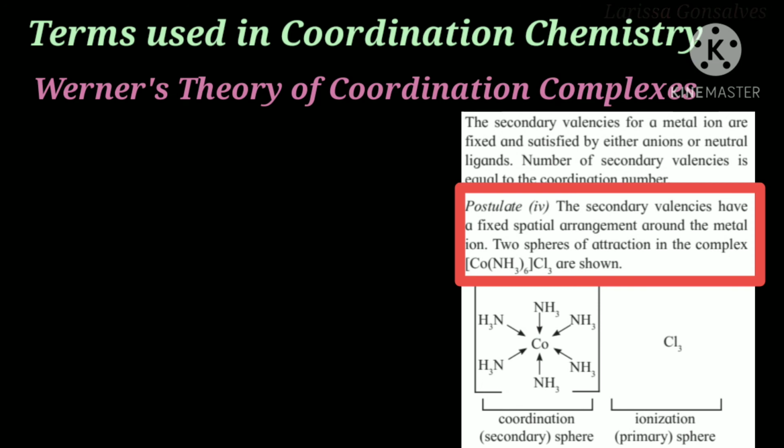Then you have the ligands, 6 ammonia molecules, present inside this coordination sphere, which is also called the secondary valency, whereas Cl3 present outside the bracket is called the ionization sphere or the primary sphere.